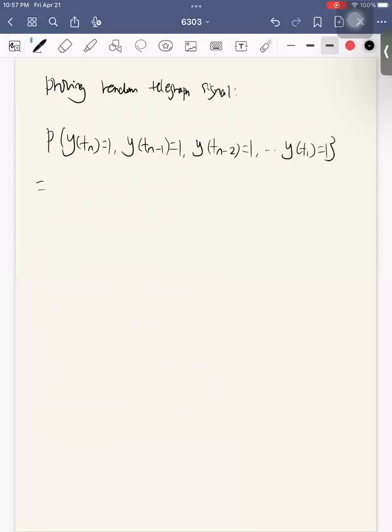And then we can organize this equation into this format. This thing times this thing times this together, we can then see the pattern to determine whether it is strict stationary or not.